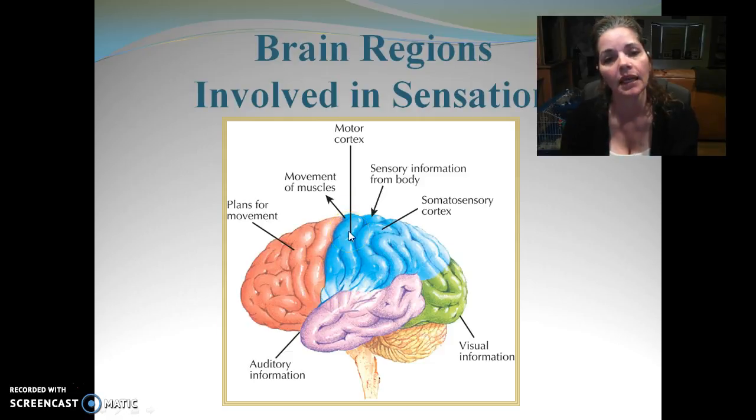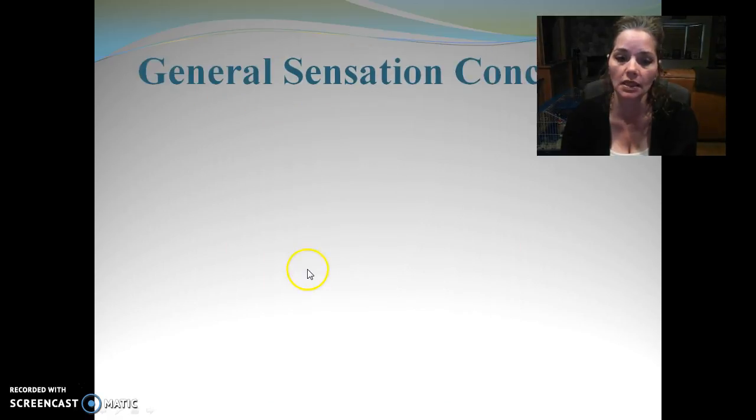Somatosensory cortex is the area that detects body sensations. So again, throughout the brain, different areas are focused on different things. Hearing, vision, sensory information like touch, and then our motor or movement in response to that sensory information.